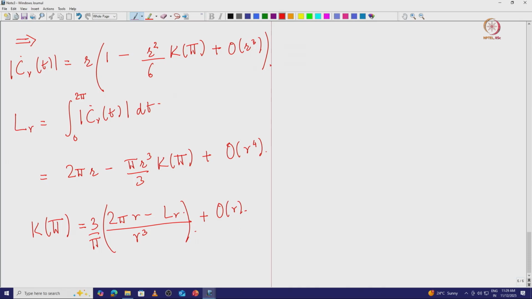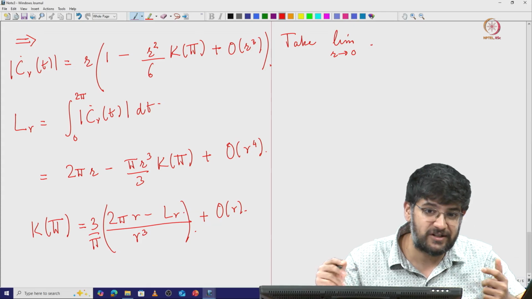So now just take the limit as r goes to 0, okay, and we are done. So this gives us a very nice geometric interpretation of sectional curvature.